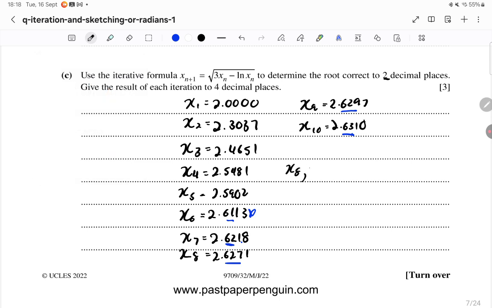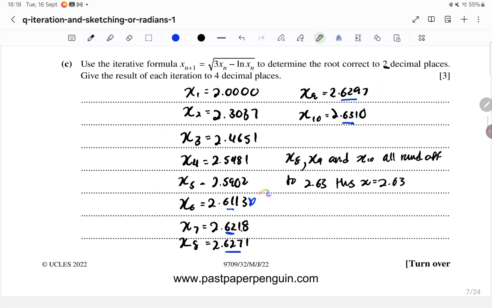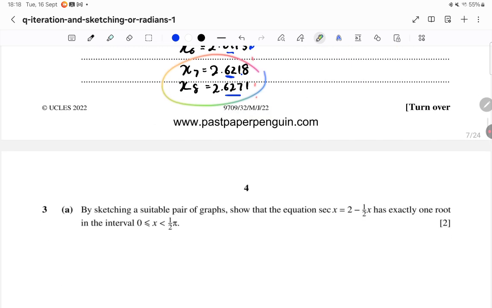So x8, x9, and x10 all round off to 2.63, thus x is equal to 2.63. Sometimes don't get too anxious if you're getting too many iterations, because with some formulas it takes quite a number of times to get the right value.